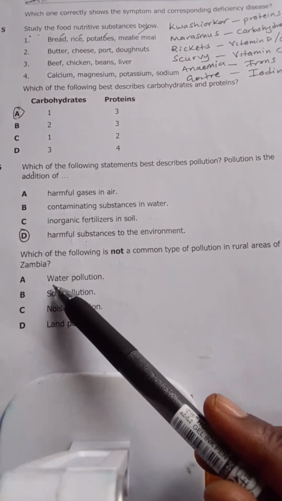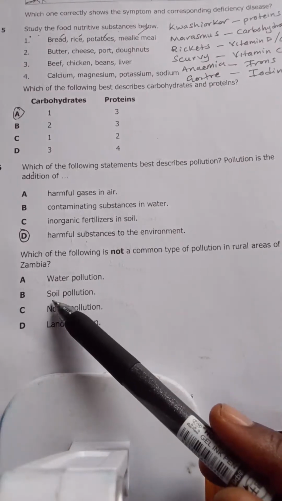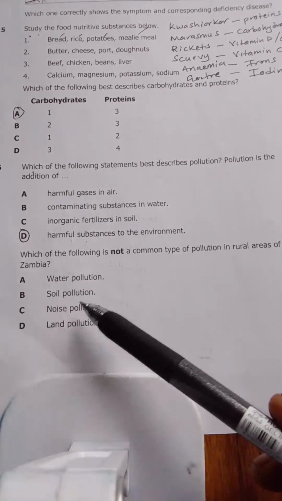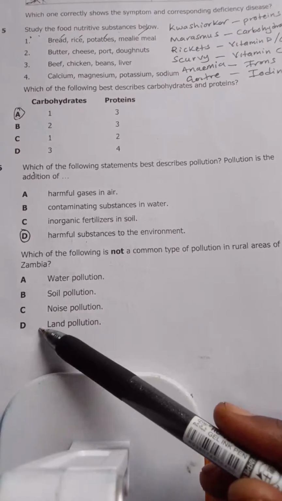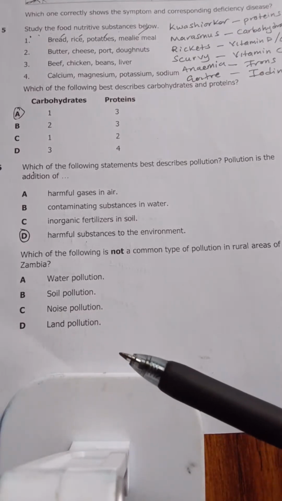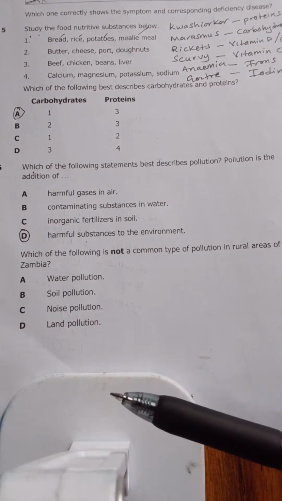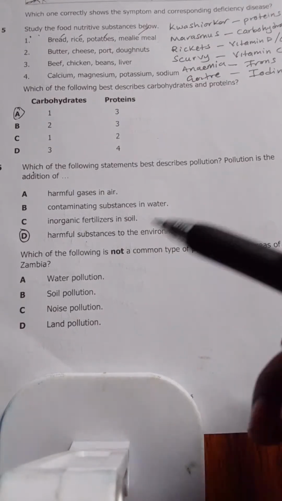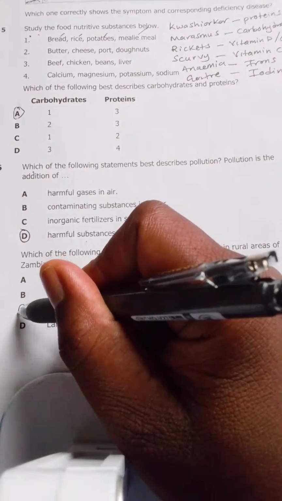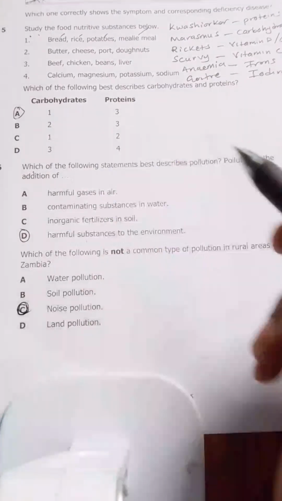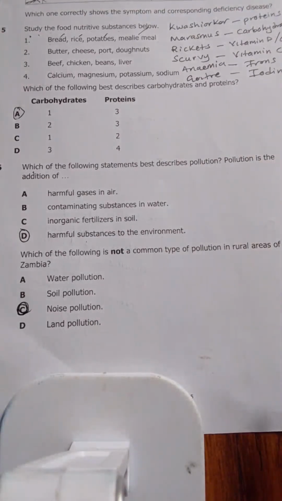A, water pollution. B, soil pollution. C, noise pollution. And D, land pollution. The one which is not common in rural areas is noise pollution. The answer is noise pollution.